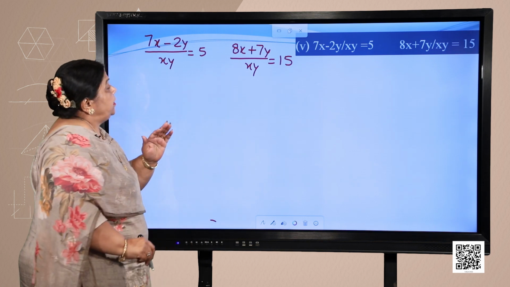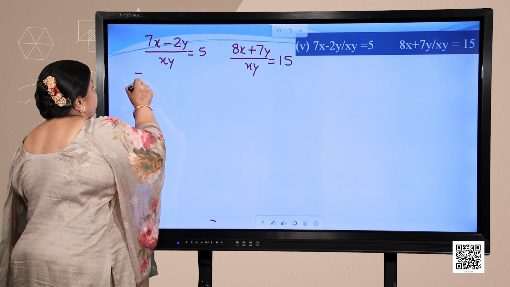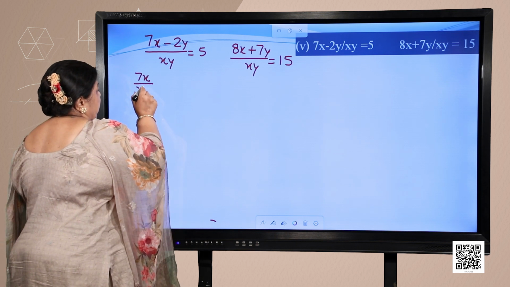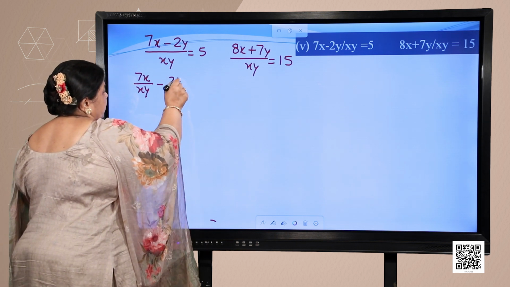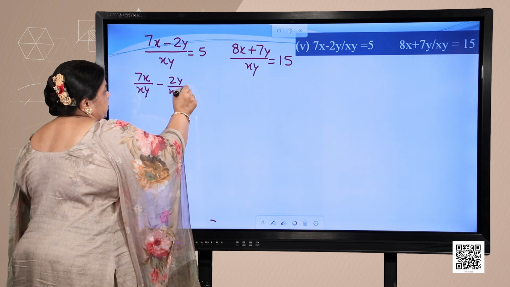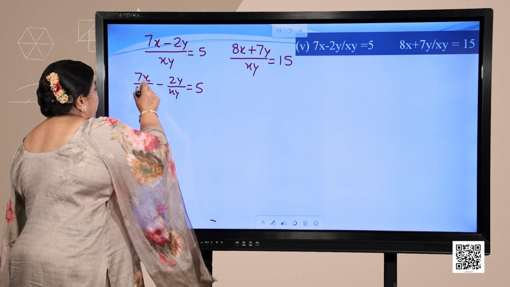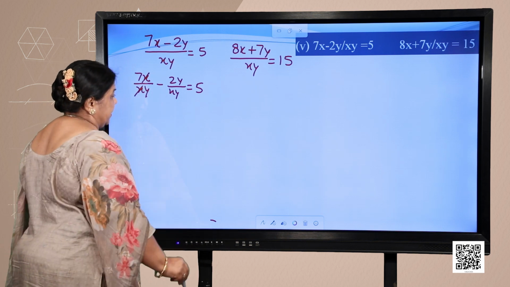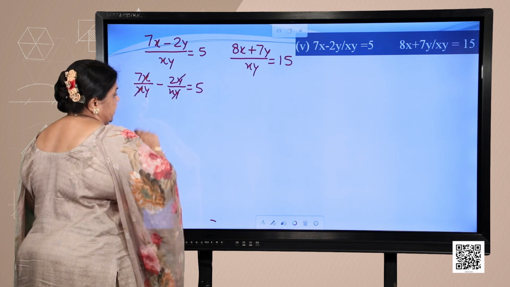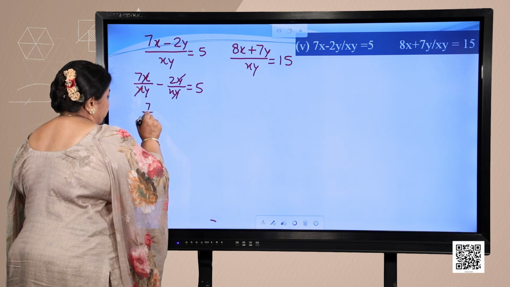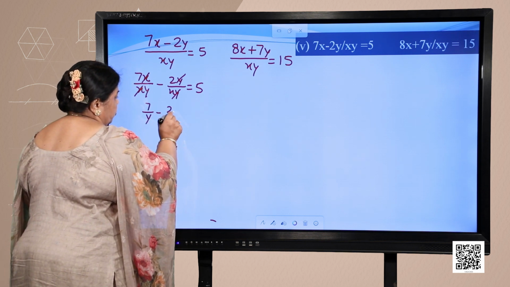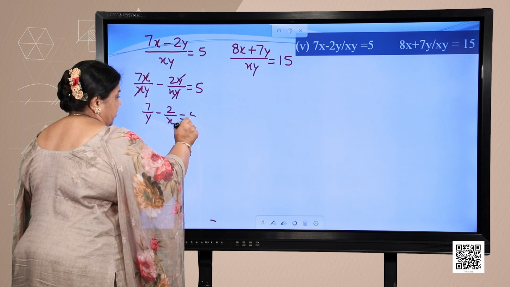In order to get them in the linear form, let me just write down 7x upon xy minus 2y upon xy is equal to 5. Can I do that? Yes. Now, what is common here? x gets cancelled, y also gets cancelled. I am left with 7 upon y minus 2 upon x is equal to 5.